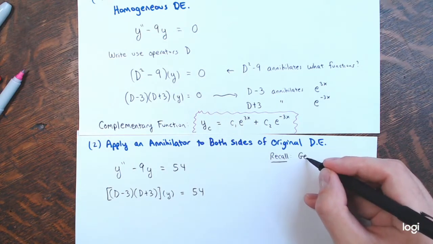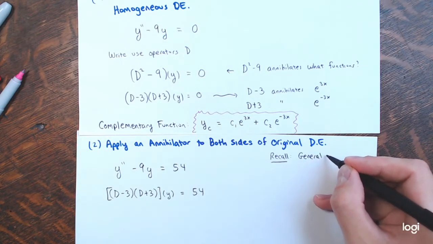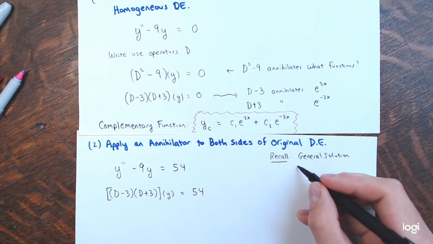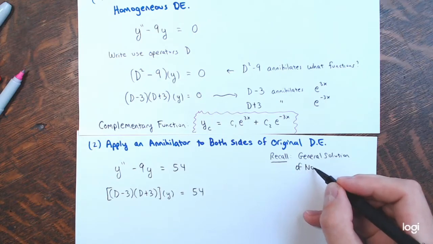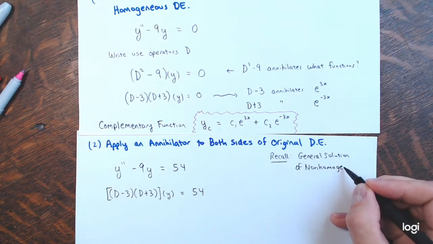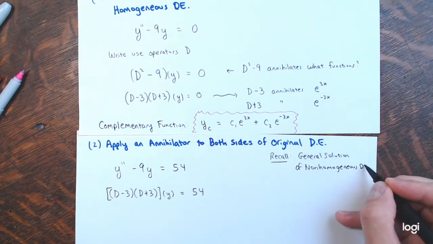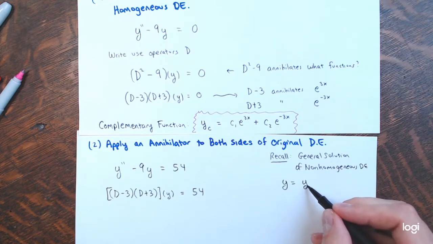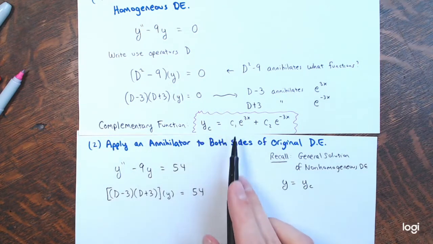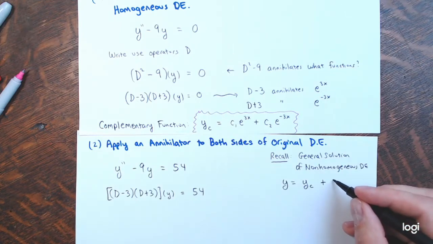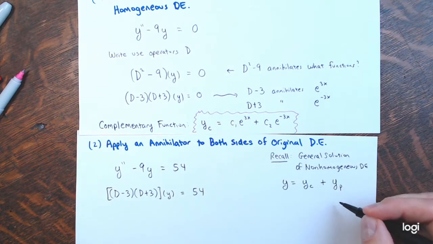It looks like the following: y equals the complementary function we found earlier, the solution to the homogeneous, plus what a lot of books label y sub p.